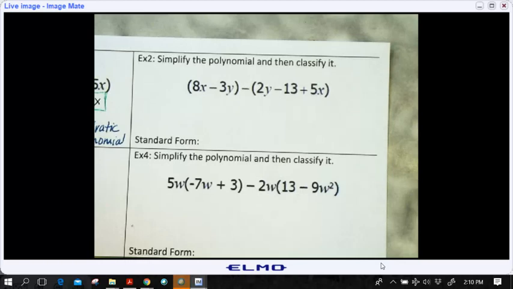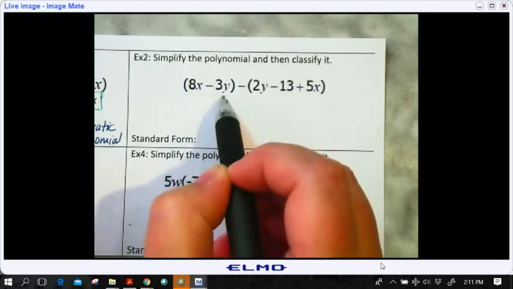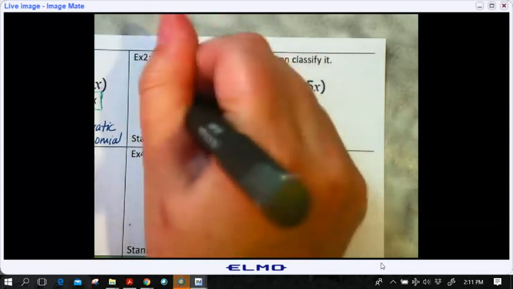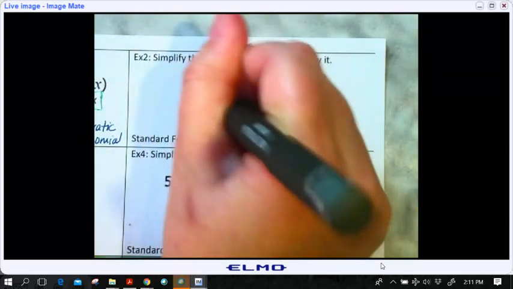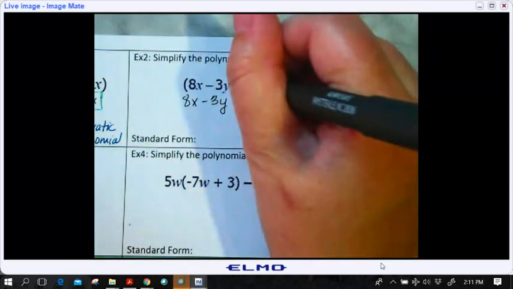Okay, example number 2. We are going to simplify this and classify it. So the first thing I'm going to do is just bring this down. It's in the front and nothing is going to change what is inside here, but that allows me to bring it out of the parentheses. And now I have a minus parenthesis.